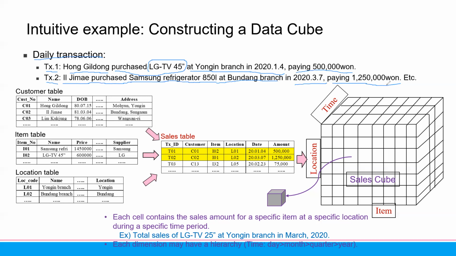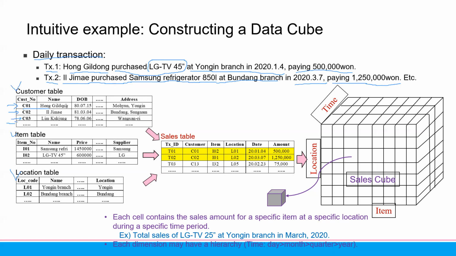So if we want to create a data cube, we have the customer table, the item table, and the location table. The customer table has all the data related to the customers. So C01, C02, C03.